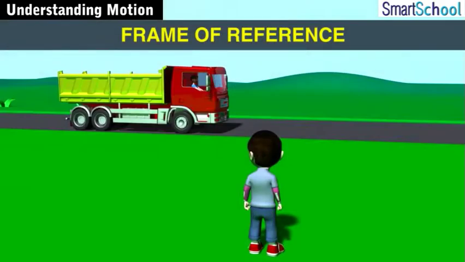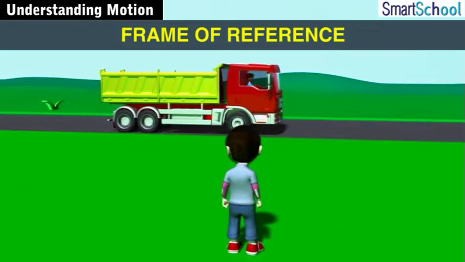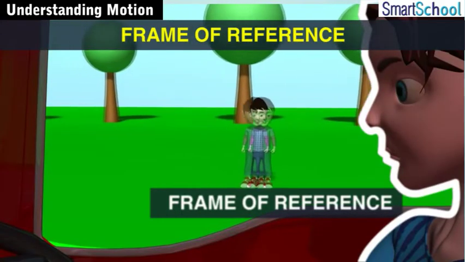When you're standing on the ground, the ground becomes your frame of reference, and anything that you see, watch or even measure will be compared to the reference point on the ground. Now tell me, what will happen if your frame of reference is a moving truck?